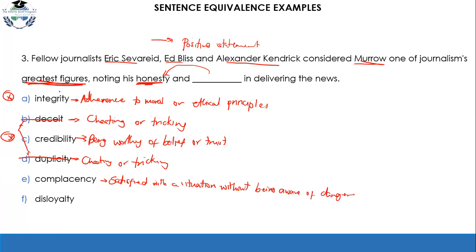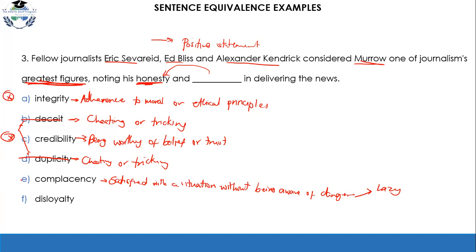So if they think he's the greatest figure and they are noting his honesty, where will complacency really come in, right? There's no way that they're talking about him becoming lazy in his work, right? Complacency is usually also a synonym of lazy. When you become complacent, you become lazy, like you are satisfied with the situation without being really aware of what's going on around you.